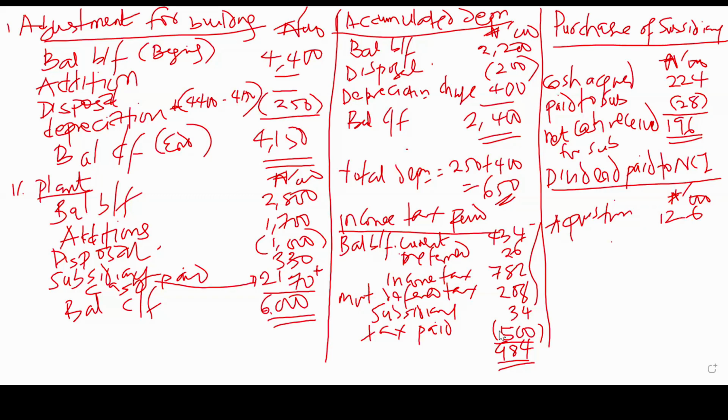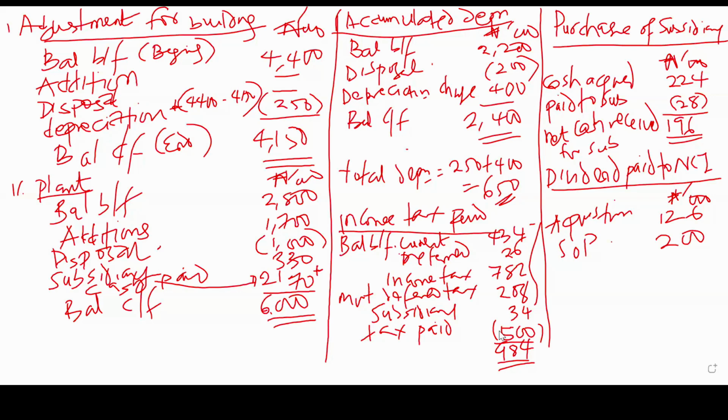Now, the share of profit that was allocated to NCI was 200. If you are wondering where we picked up the 200, that breakup was done. If you look at the group statement of profit or loss and OCI, the group made a profit of 2,690,000.